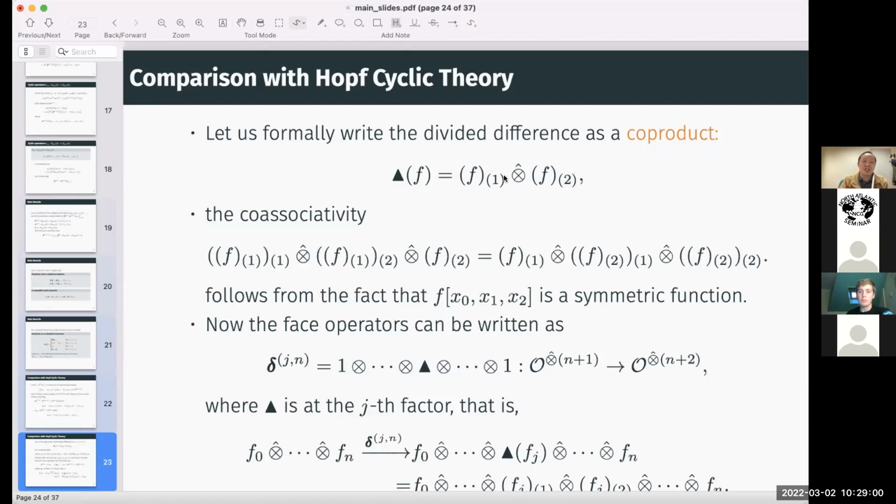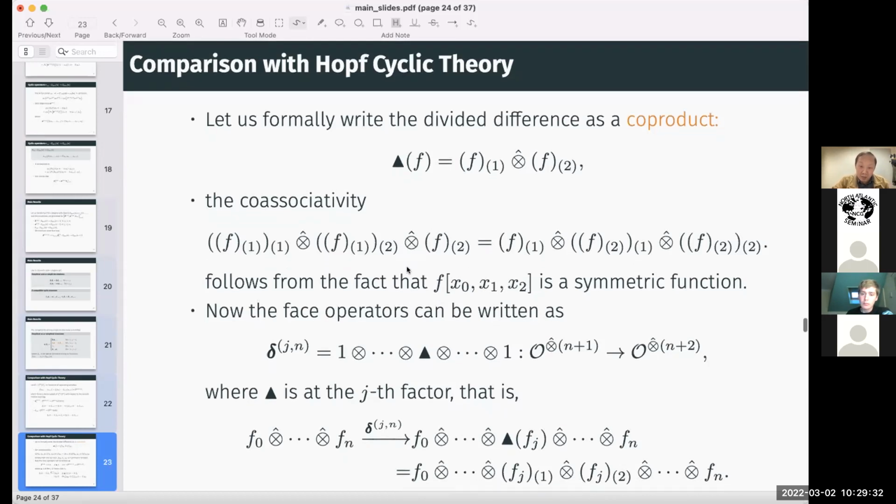Let's think of it as an operator which increases the number of arguments by one. So it has some associativity for the coproduct, which is another way to say that this iterated divided difference is symmetric in all its arguments. So you indeed have such an algebraic property, except that this is not a finite sum in general. But yes, our focus will be only the algebraic aspect.